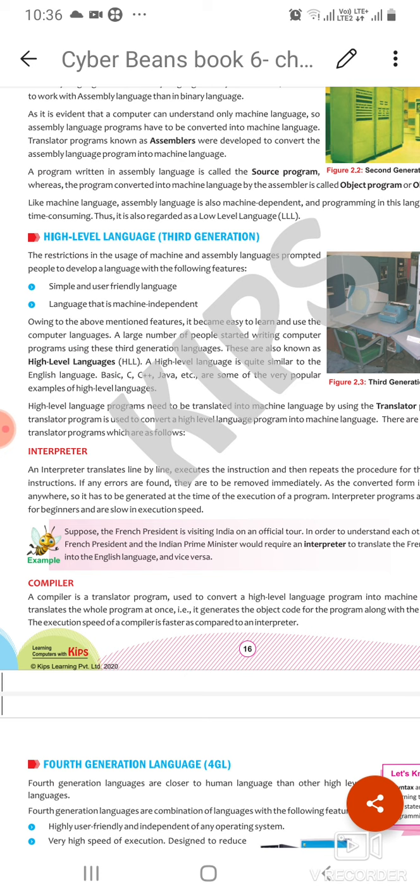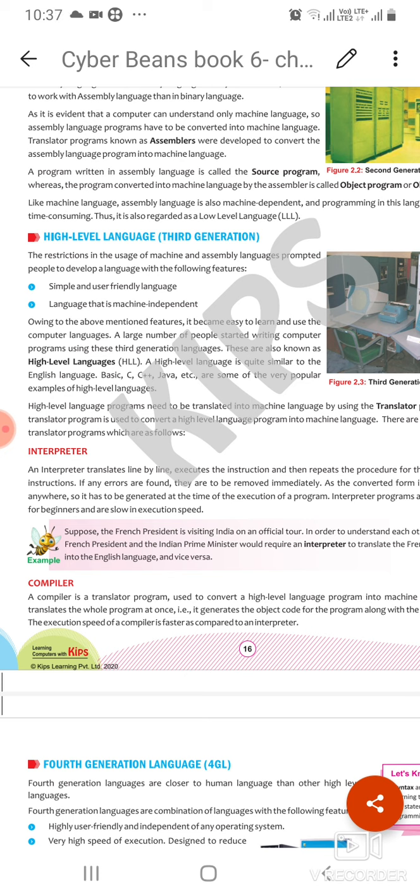Now, a translator program is a programming language processor that converts a computer program from one language to another. A program written in high level language is also called a source code, that we have already discussed. So, to convert the source code into machine code, translators are needed.